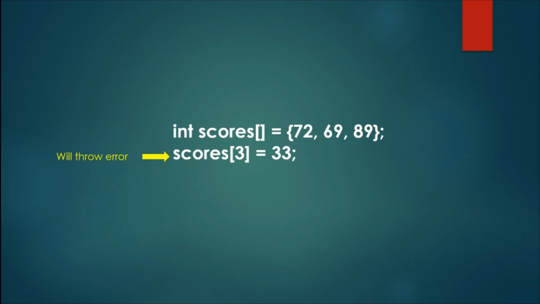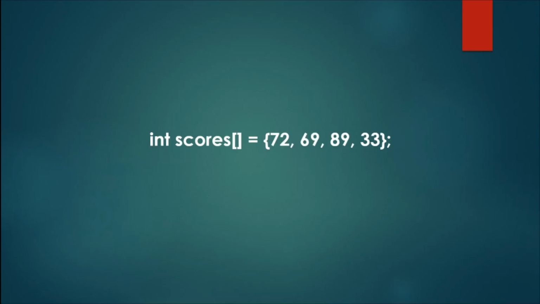If we needed to add a new value to this array, we would have to either define a new array of size 4 and copy the first 3 values over along with the new value, or physically come in and change this array to support a 4th score. We'll see more on this in future videos, but I want to clear that up in case anybody was running into those kinds of issues.